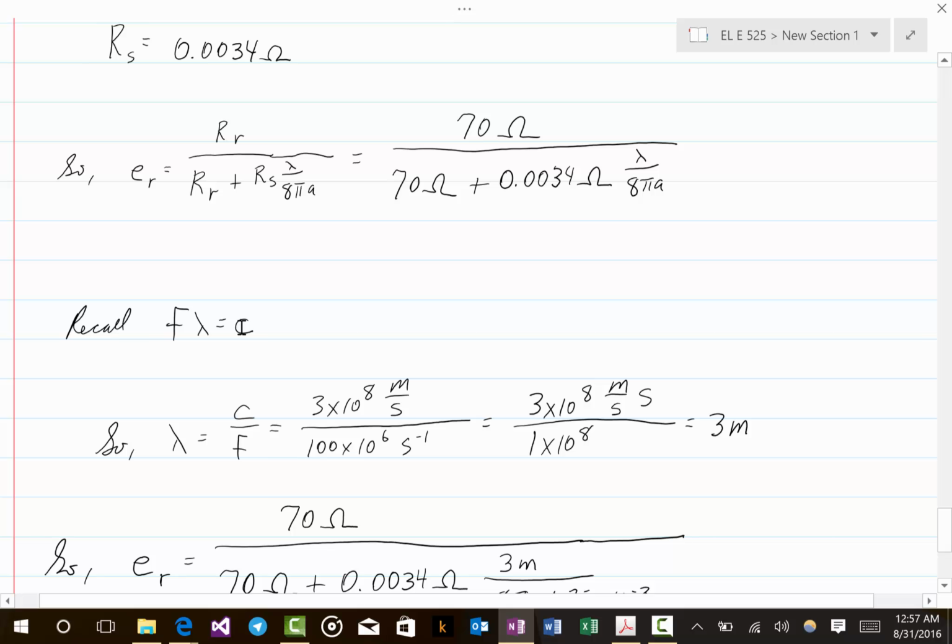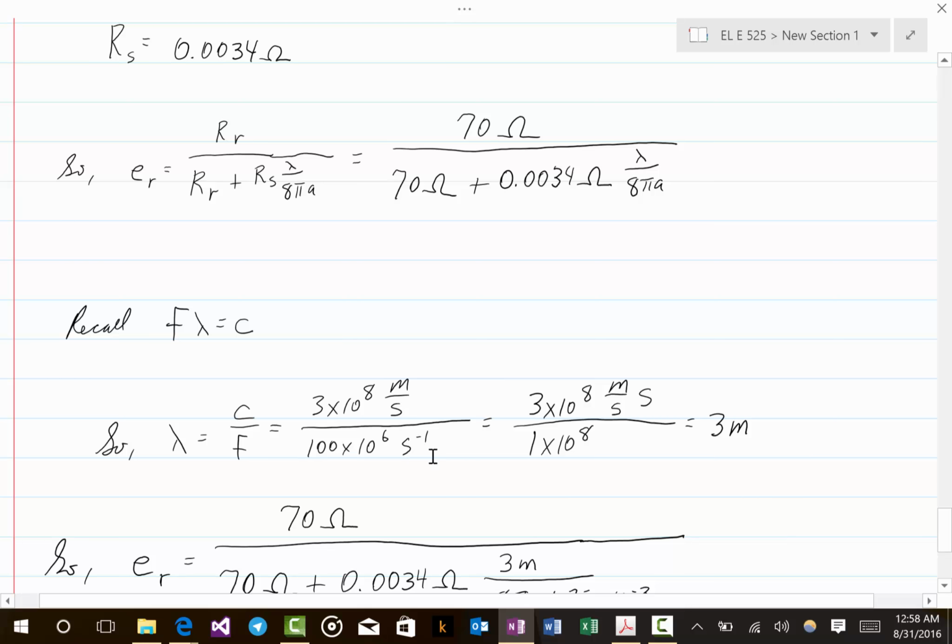Now, recall, we need to find lambda here. And recall that F lambda is equal to c, the speed of light in this case. So lambda is c over F. C is 3 times 10 to the 8th meters per second, and F is 100 megahertz, or 100 times 10 to the 6th inverse seconds.